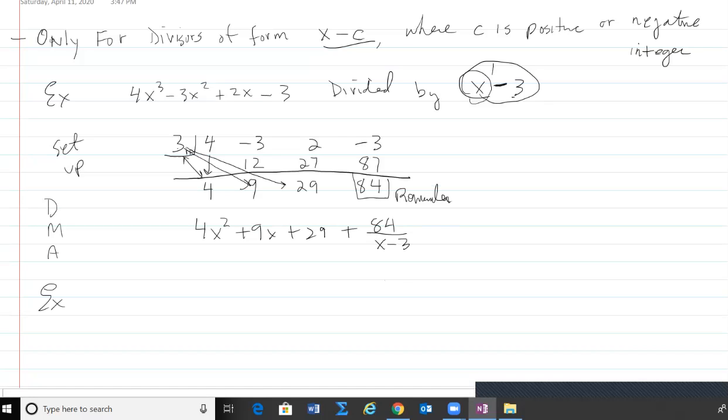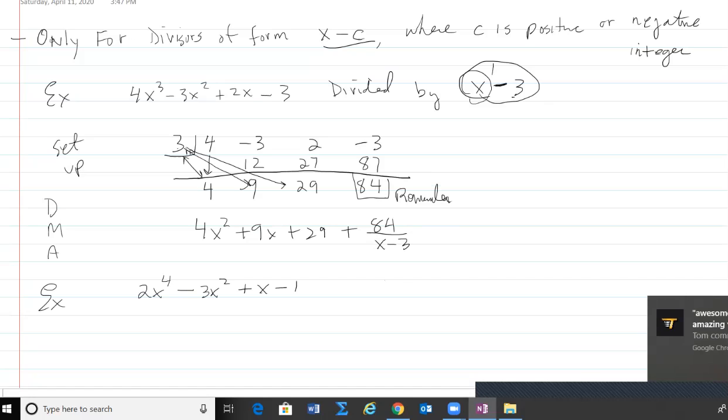Let's find 2x to the 4th minus 3x squared plus x minus 1.